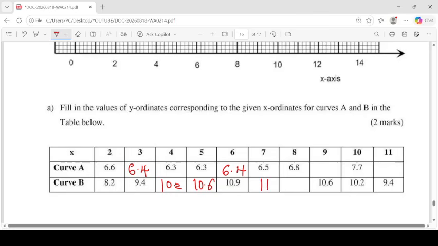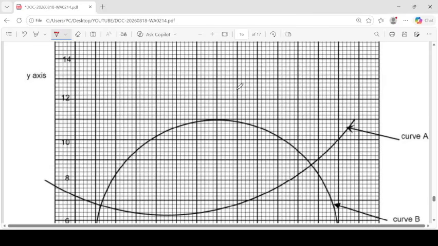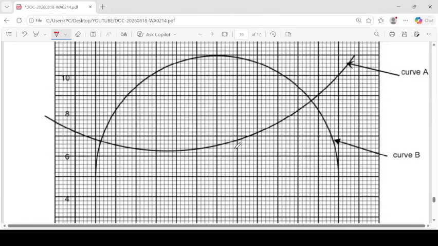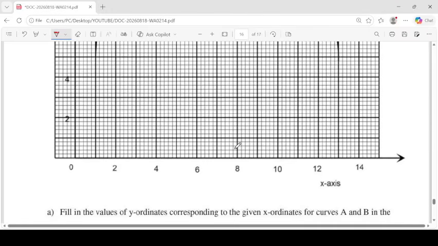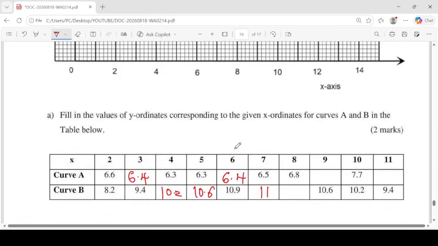When x is 8, curve B should read 10.9. Yes, 10.9.